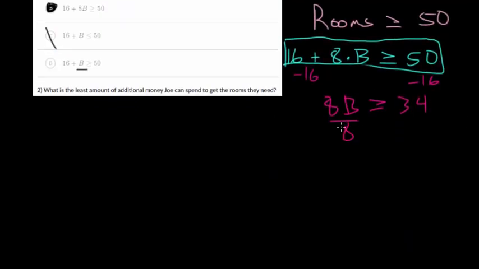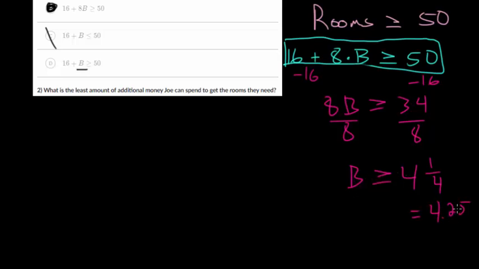Dividing by 8 on each side, you get that B is greater than or equal to 34 over 8. 8 goes into 34 4 whole times, and there's 2 left over. So it'd be 2/8 or 1/4, or 4.25 if we simplify it. So B has to be bigger than or equal to 4.25.